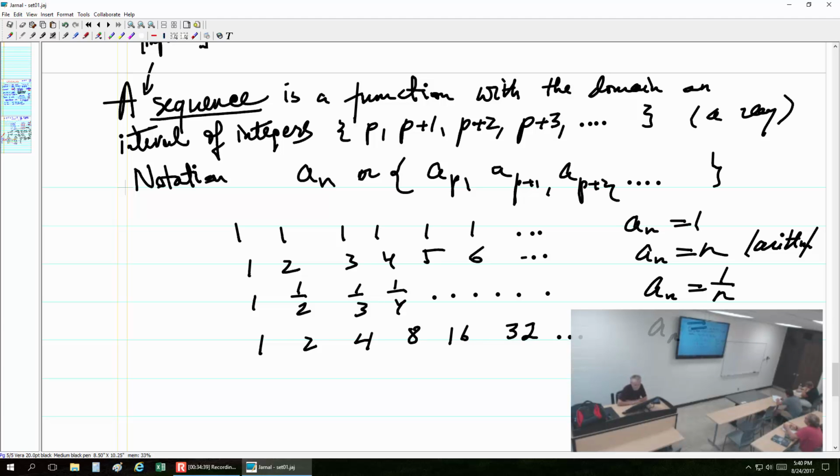What's the formula? Let me write the n's for you. So these are the a_n's. It's 2 to the n minus 1.